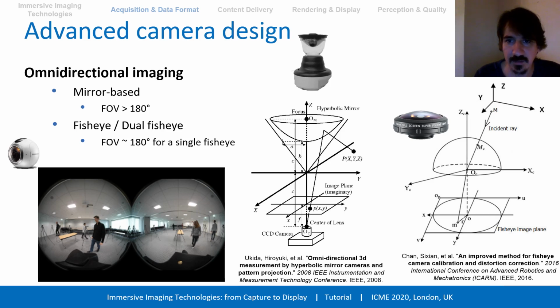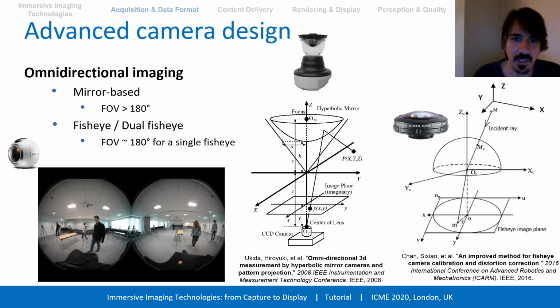And the idea is that light rays coming from all surrounding directions will be reprojected through the mirror onto the camera image sensor, as illustrated in this figure in the middle. So we cannot capture the whole sphere directly with such a design, but it has a large field of view, usually superior to 180 degrees.